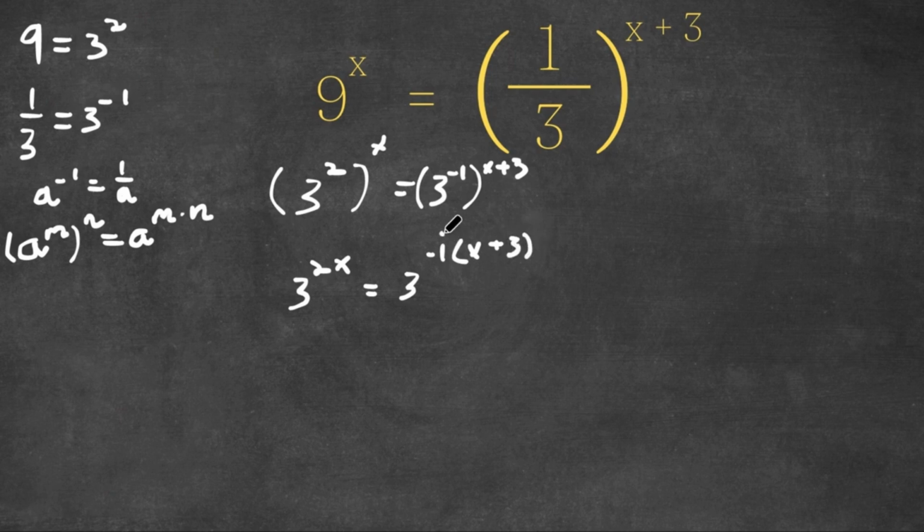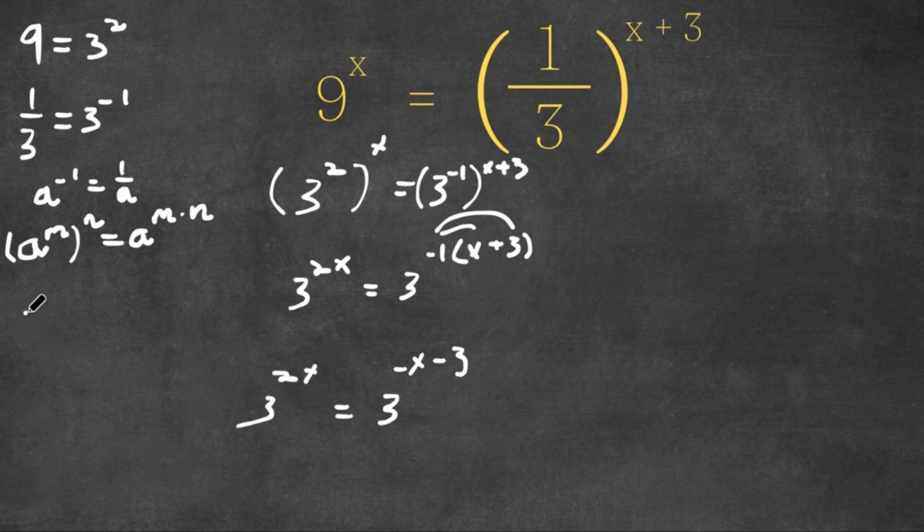So now we have to distribute the negative 1. Negative 1 times x is negative x, and negative 1 times 3 is negative 3. So we have 3 to the power of negative x minus 3 is equal to 3 to the power of 2x.